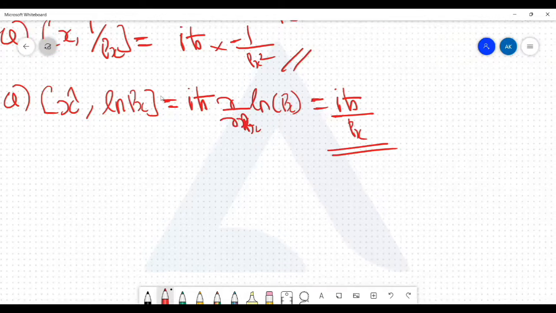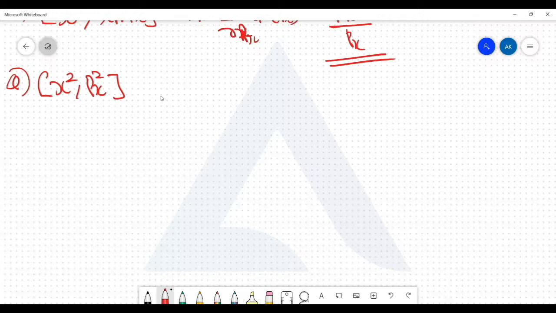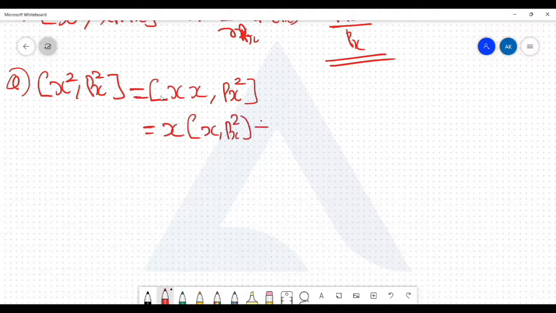Now suppose you have a next question, which is x² px². Here you have to split any one of it, x px², or you can put x² px. That's up to you. Now apply the equation: x px² plus x px² x.